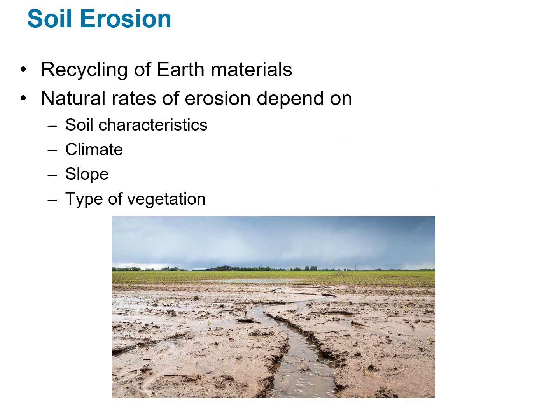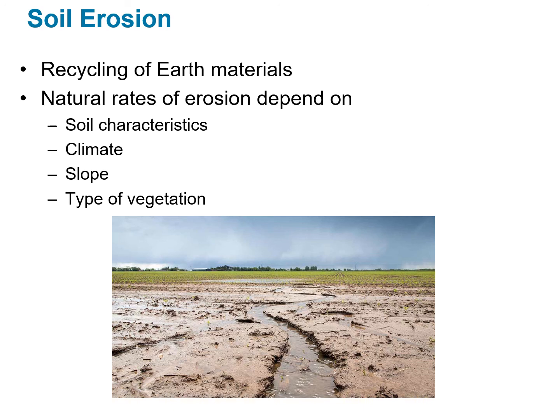All right, so one of the big issues with soil is that it can erode, and it moves into different areas, especially if a land area is exposed or laid barren before you start planting crops. So the natural rates of soil erosion, this occurs naturally.